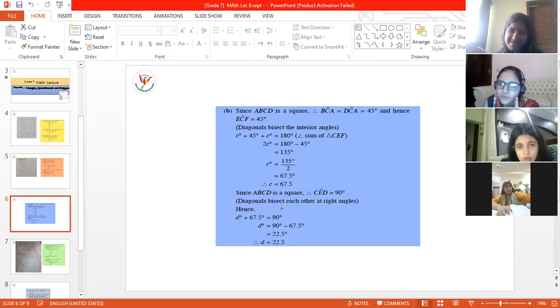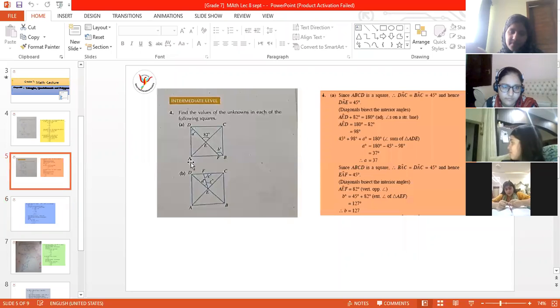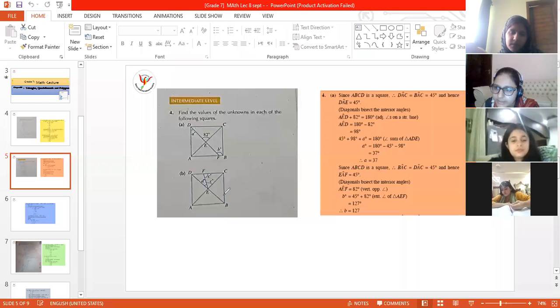Okay, you know the value of C degrees? No, ma'am. But this is a square, right? If this is a square, there are two diagonals AC and BD cutting the vertices, and all the angles of a square are equal to 90 degrees.